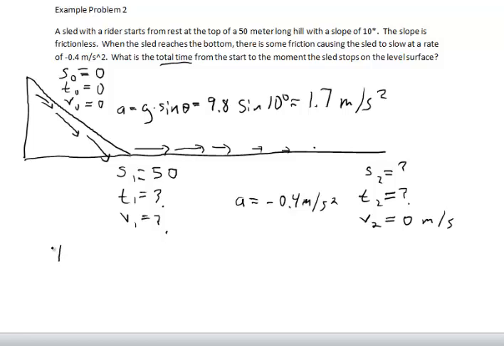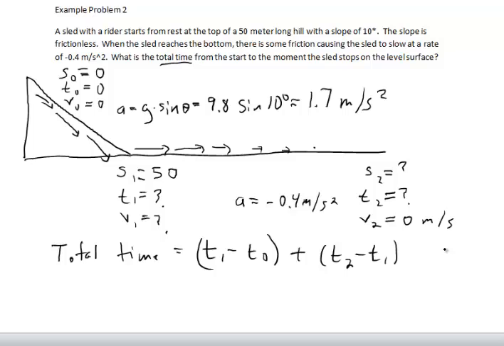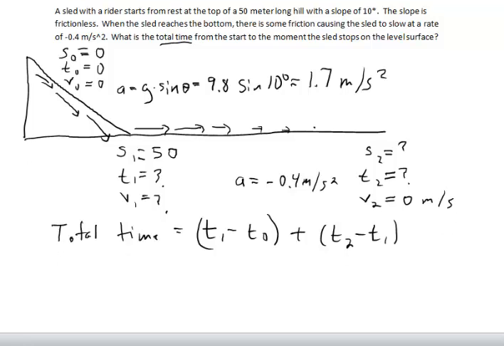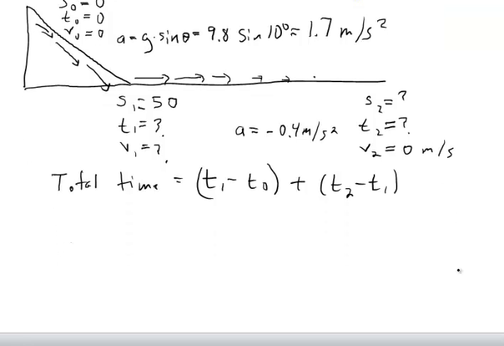So total time equals t1 minus t0, that time interval for the incline, plus t2 minus t1. Add those two together, that is the total time of the whole motion.